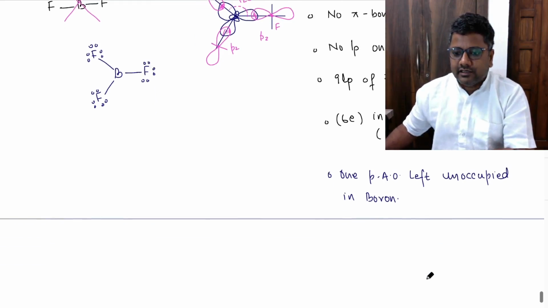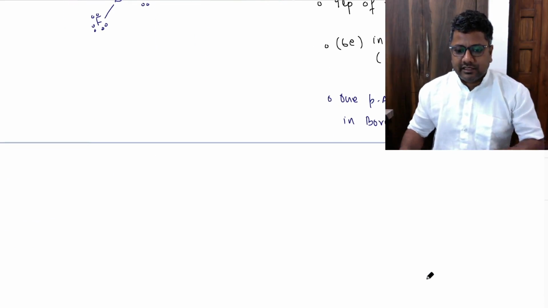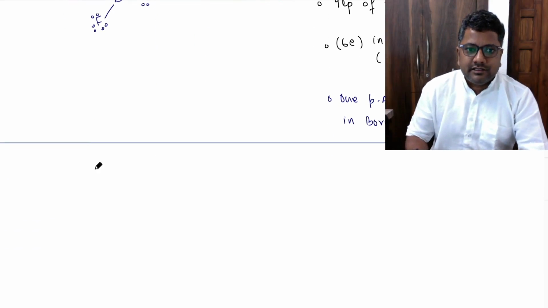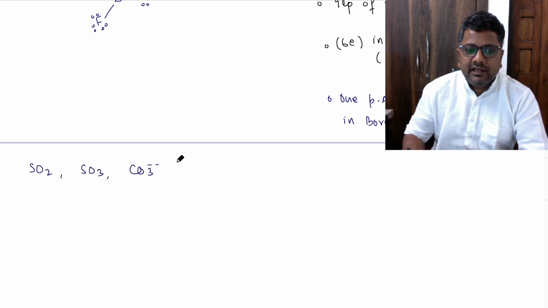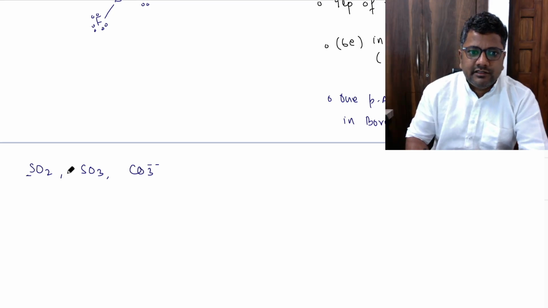Now see other molecules of a similar kind, like SO2, SO3 and CO3 2-. In all of these, sulfur is the central atom, and here carbon is the central atom.